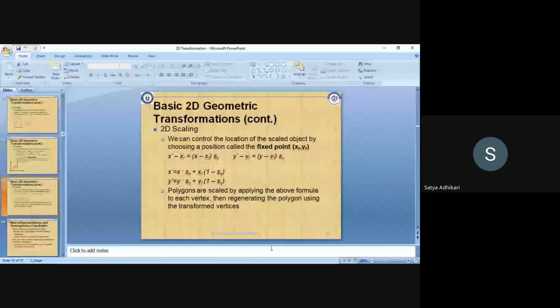Similarly, a polygon is scaled by applying the above formula to each vertex. In the previous example we reduced the size of one line. A polygon can also be scaled; you can decrease or increase its size by applying the above formula to each vertex.